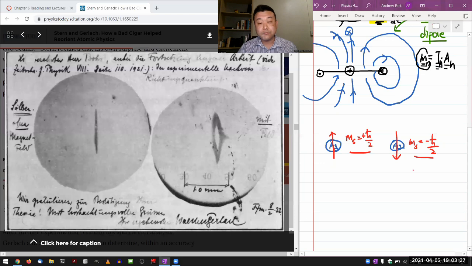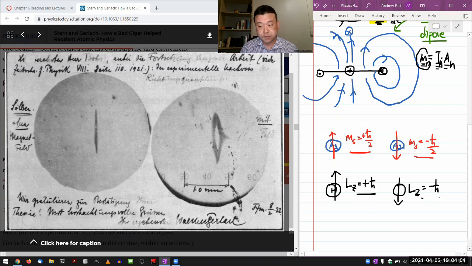The other projection would be minus h bar over 2. And one might think that this could have given Stern and Gerlach a way to notice that the experimental result doesn't quite match Bohr's prediction. In Bohr's prediction with a hydrogen atom, the orbital angular momentum might be plus h bar or minus h bar.